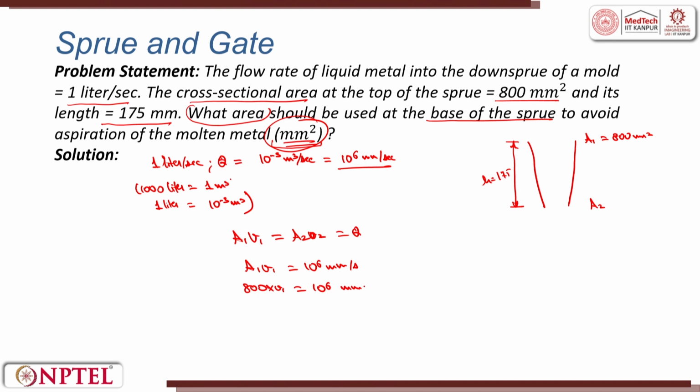This gives me the value of V1 as 10 raised to power 6 by 800. This is equal to 1250 millimeters per second, the velocity at point 1, V1, V2.